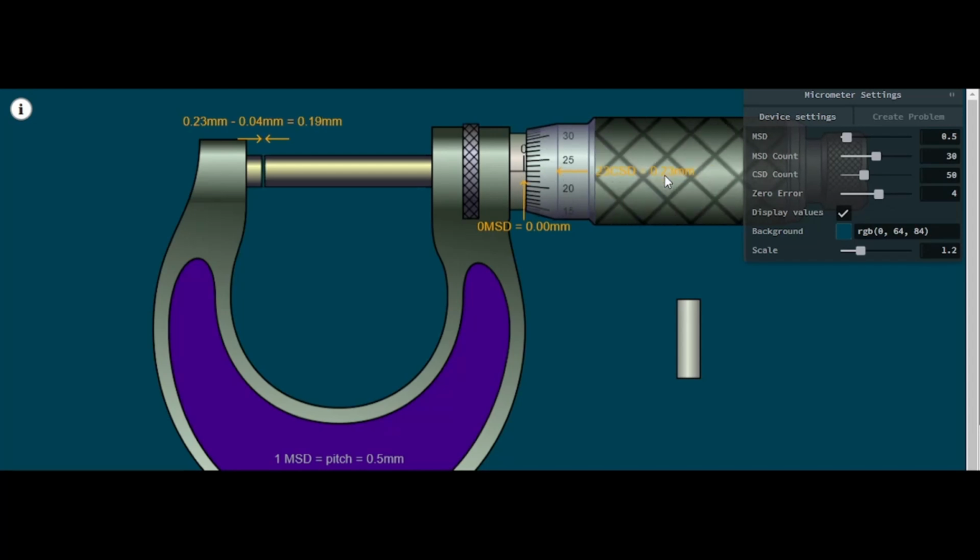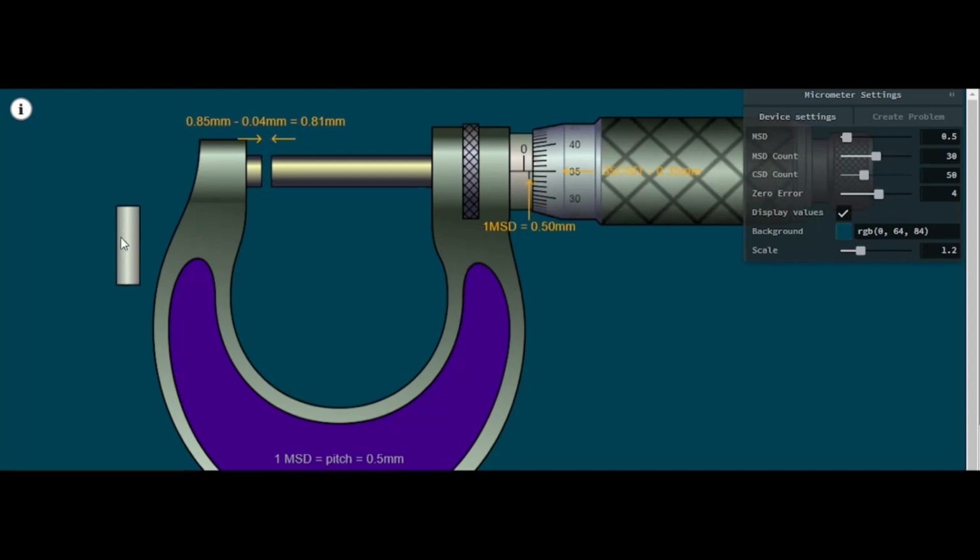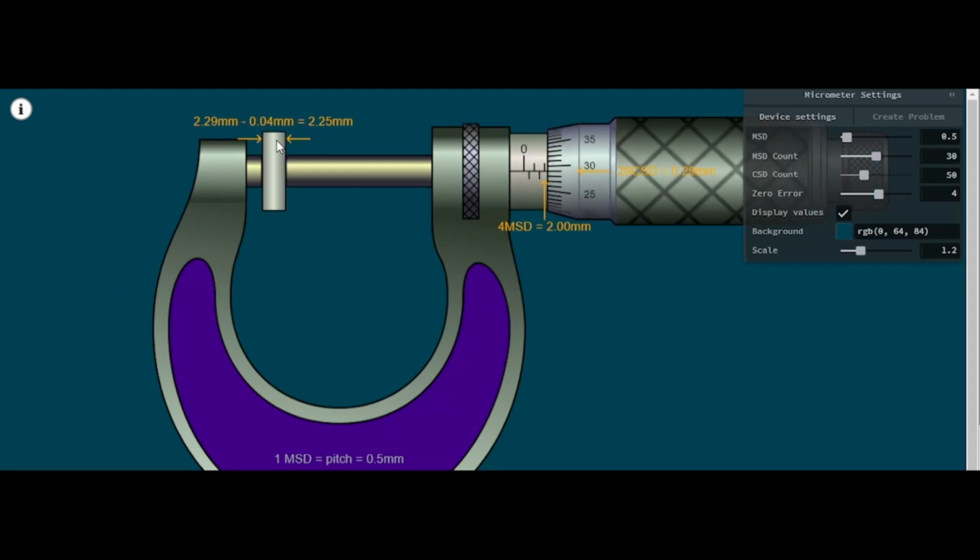Let's place the same object back and try to read what the measurement is. When I place this object back, on my main scale I am reading 0.50, 1.00, 1.50 and 2.00. So this is 2.00 millimeter plus, instead of overlapping at 2.5, now it is overlapping at 2.6, 2.7, 2.8 and 2.9.